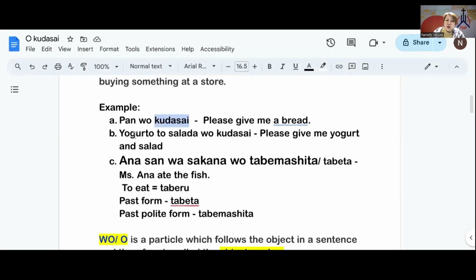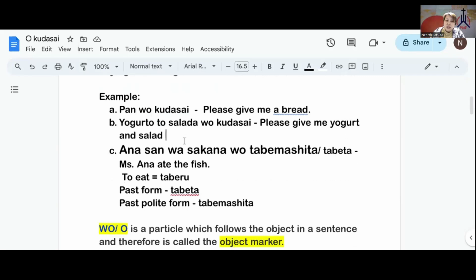Or yogurto to salada o kudasai. Remember, again, the to here is "and". I'm sorry, we're going to discuss this one, the to also. This is another particle. Please give me yogurt and salad. Okay, so what is your object here?